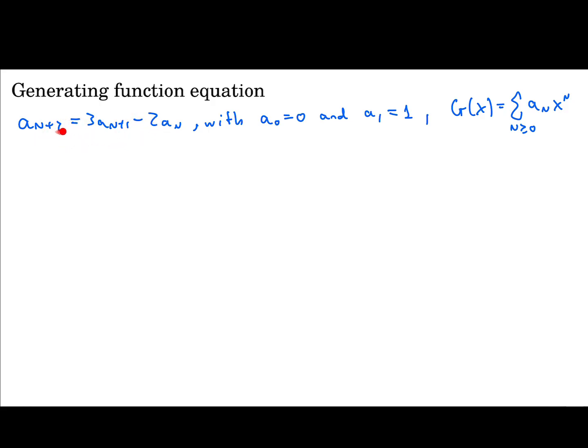Well, if we multiply both sides by x^{n+2} and take a summation, what we get is the following.